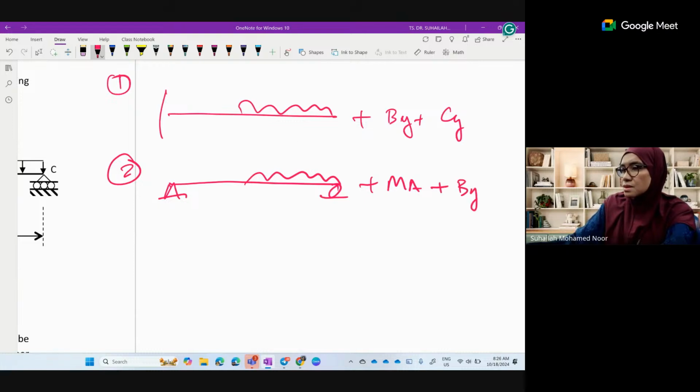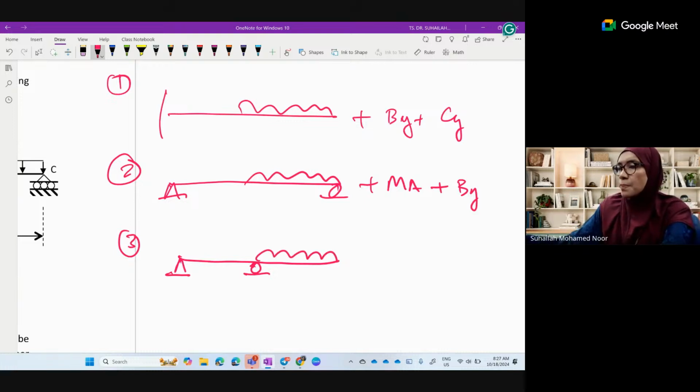And then we can also remain BY but remove CY, another possibility. For the primary structure, all loading remains. This is when we remove MA and also CY.